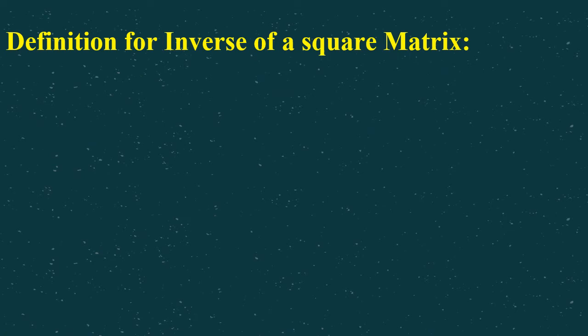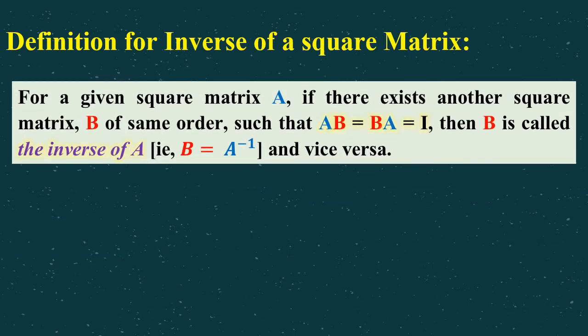Definition for inverse of a square matrix. For a given square matrix A, if there exists another square matrix capital B of the same order such that AB equals BA equals I, then B is called the inverse of capital A. That is, B equals A inverse and vice versa.